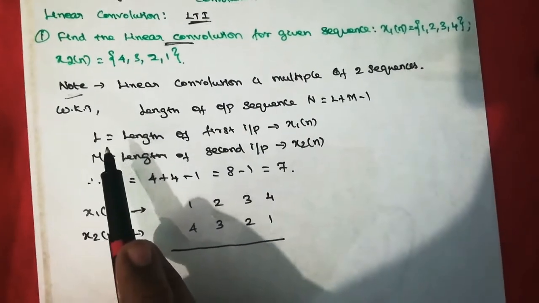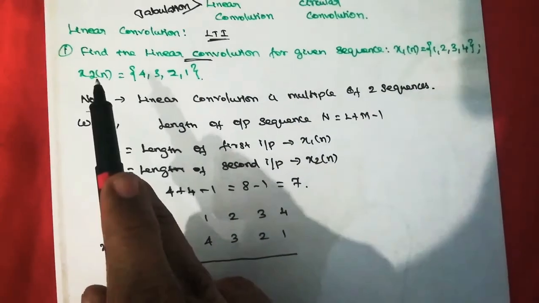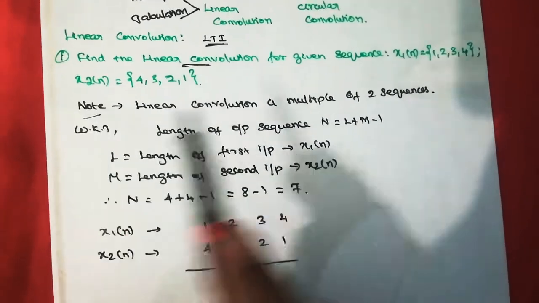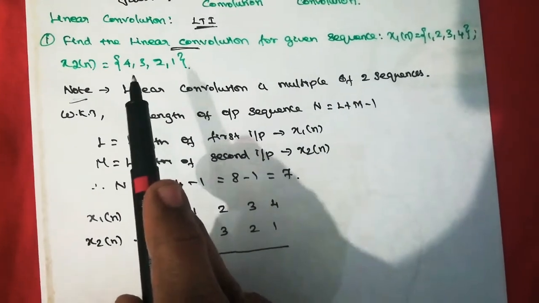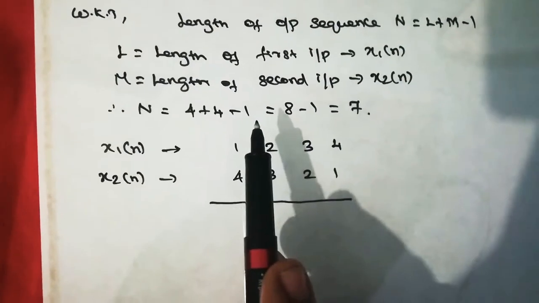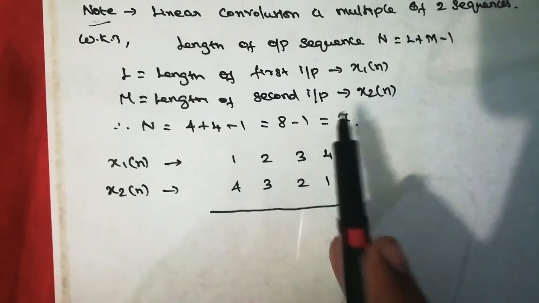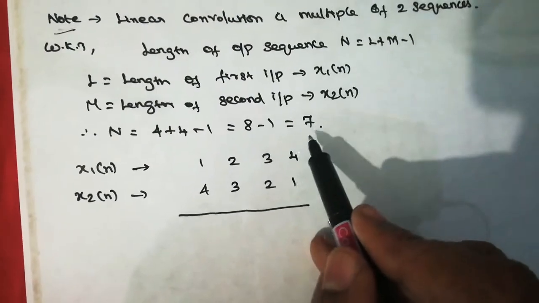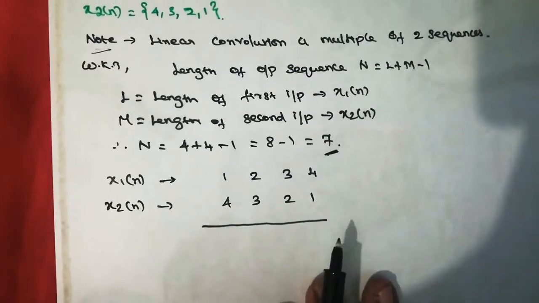Here L is the length of the first input sequence and M is the length of the second input sequence. The first input sequence has 4 samples and the second also has 4. So N equals 4 plus 4 minus 1, which is 8 minus 1, equal to 7. So definitely the length of our output sequence should be 7, consisting of 7 samples.